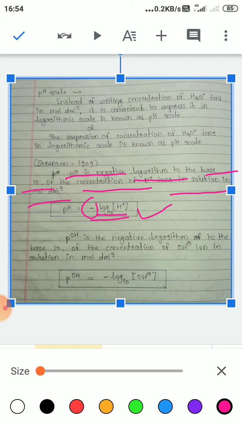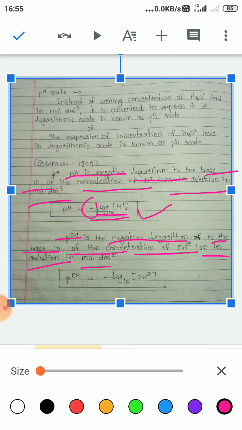Only change is that instead of H+ ion we mention hydroxide ion. So the definition for pOH is the negative logarithm to the base 10 of the concentration of OH- ion in a solution in mole per decimeter cube.